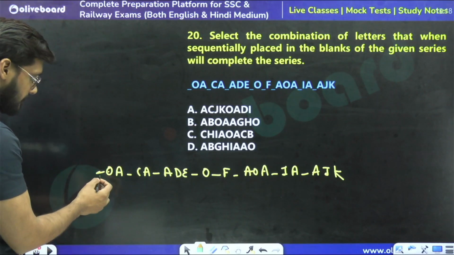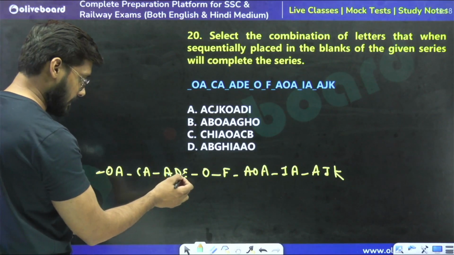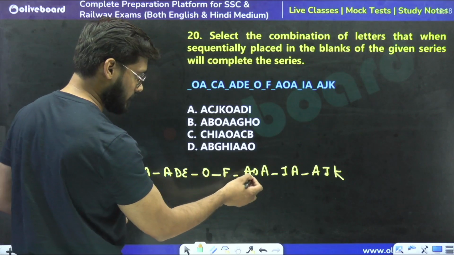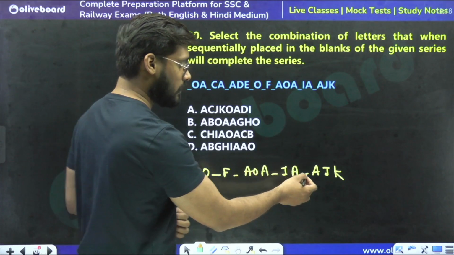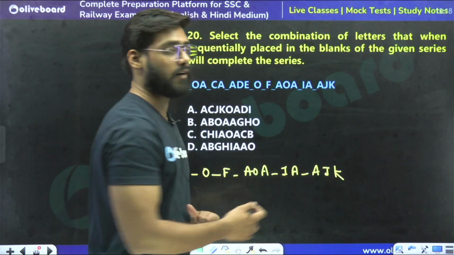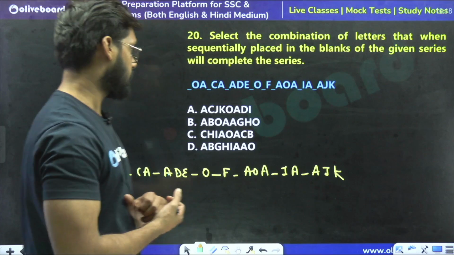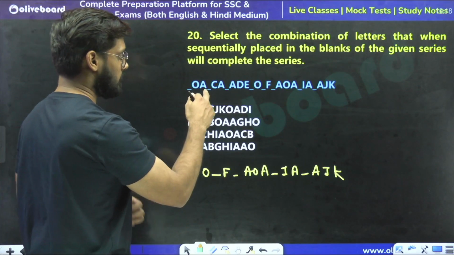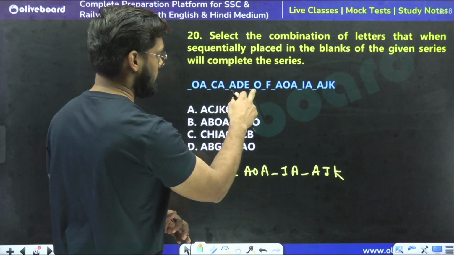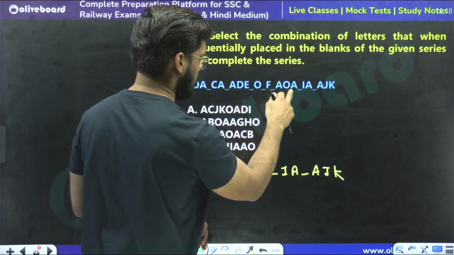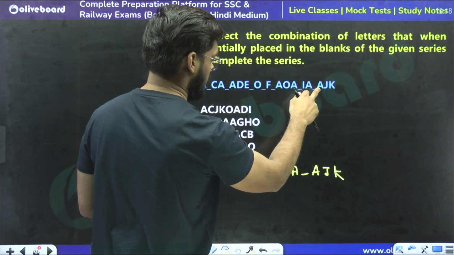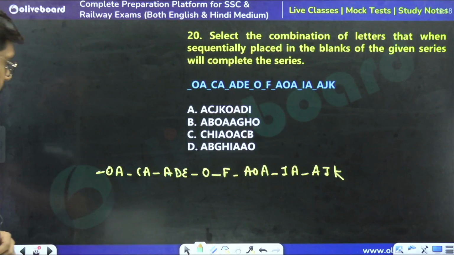We are having 25 elements, right? So what can we see? How can we solve this?